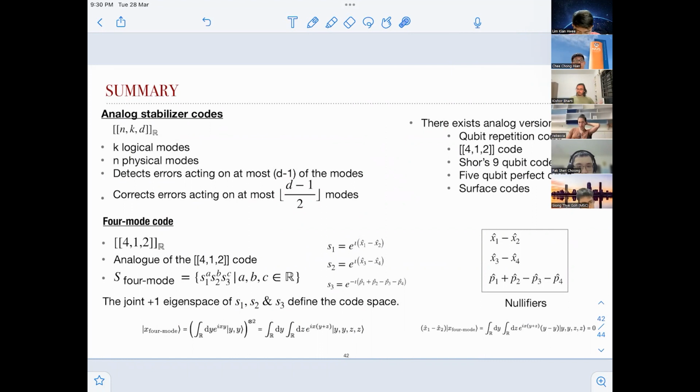We also mentioned that there exist analog versions of all these nice families of codes, and we discussed the 4-mode code and the corresponding nullifiers.